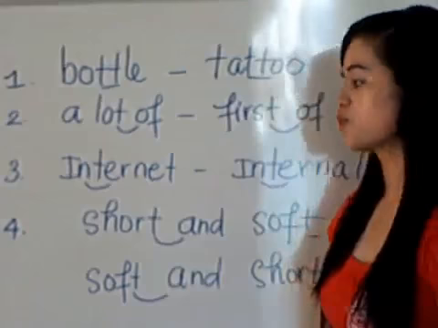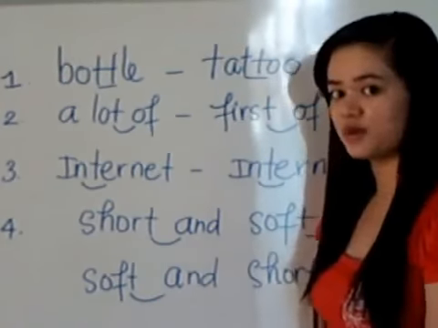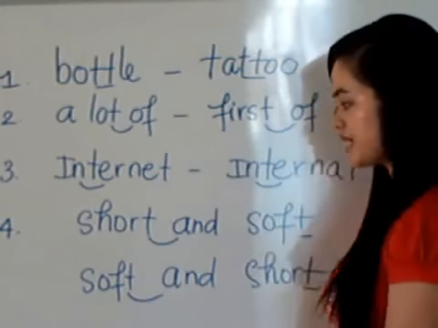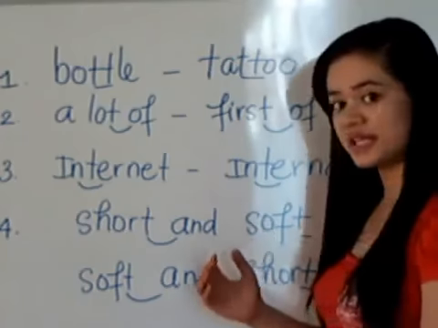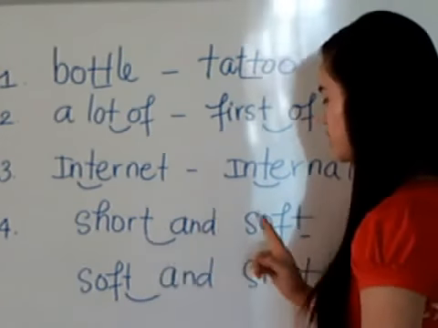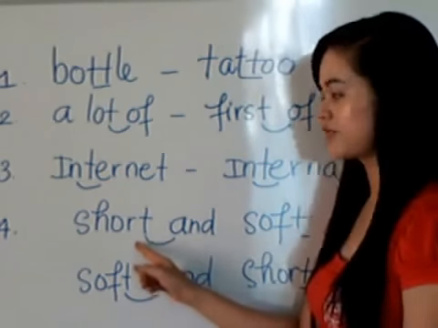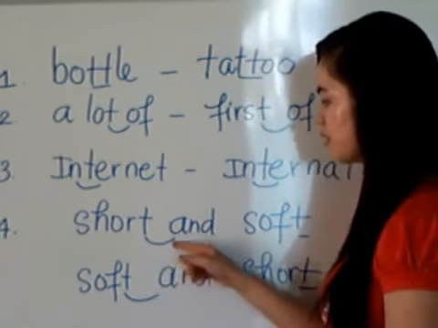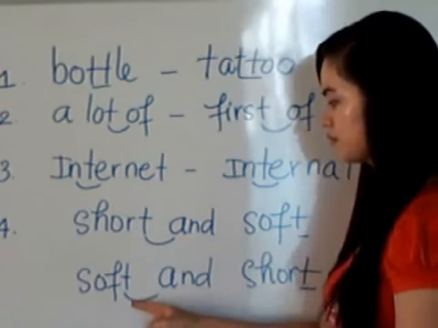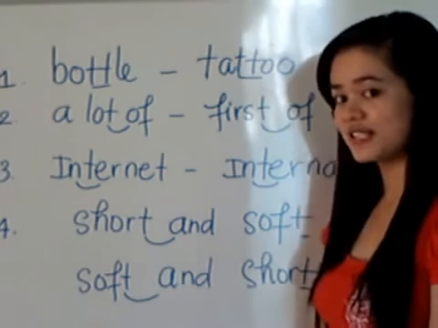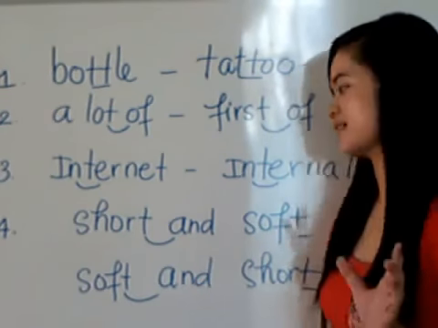Be careful when you pronounce the fourth example. Okay, I want you to pay attention to the pronunciation of the letter T when you read it very fast and connect it with the letter A here. Do you think they are similar? Alright, let's see.